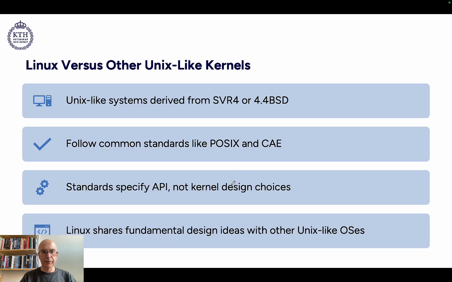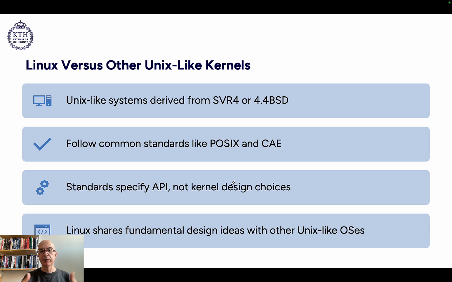So what are the differences between Linux and other Unix-like kernels? Unix-like systems are all derived from SVR4 and 4.4 BSD. Linux follows common standards like POSIX, and the standard specifies the API, right?